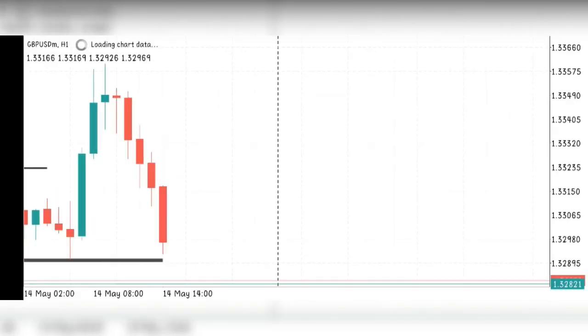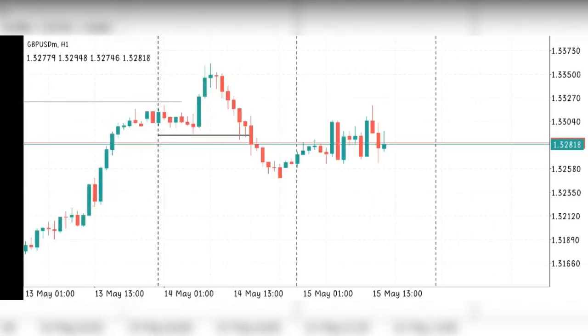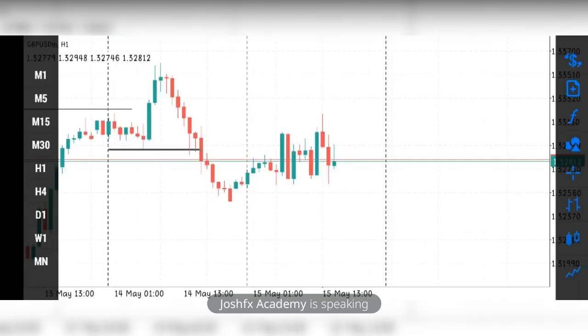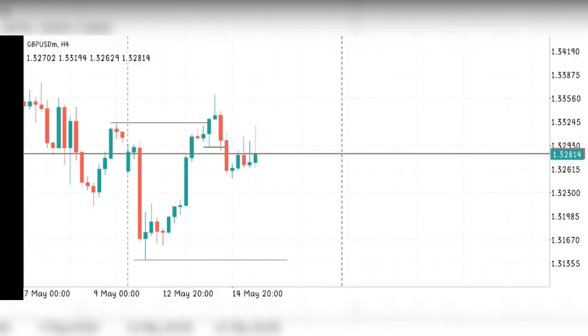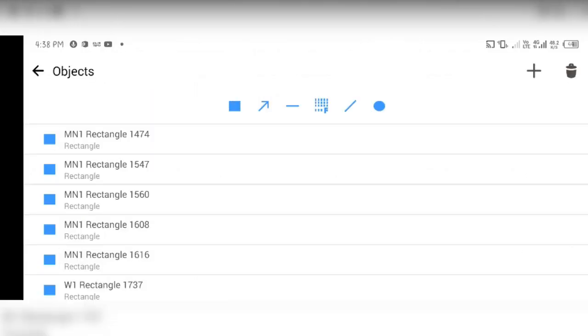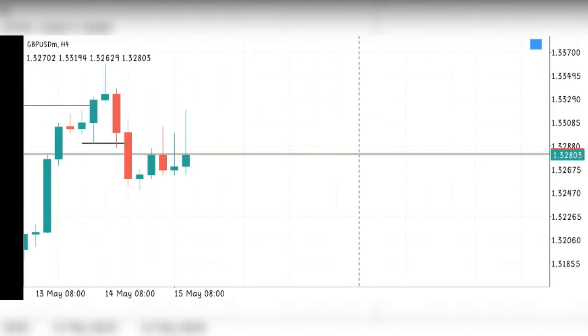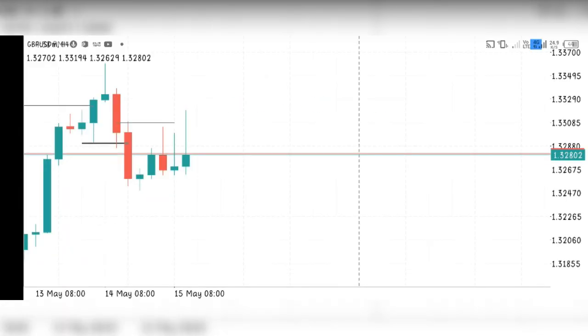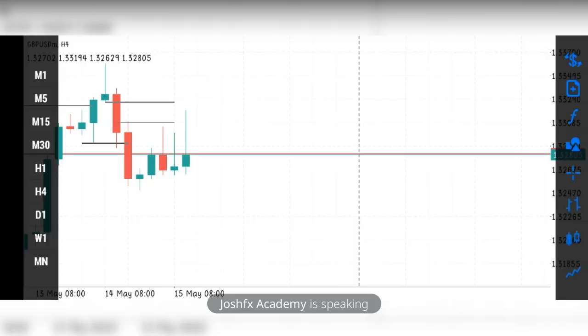Now let's go to 1 hour. We had a break of structure. Now the market enters the fair value gap.